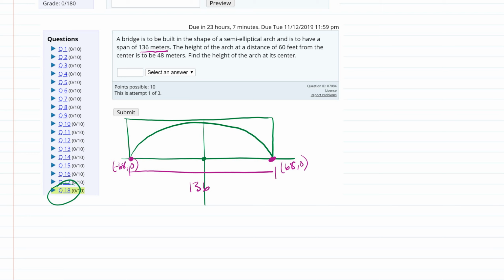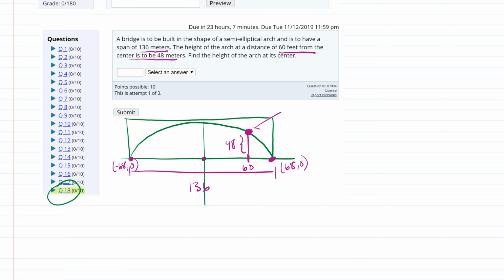The height of the arch at a distance of 60 feet from the center is 48 meters. So if here's the center, you go away from that 60 feet, so that's about right here. The height of the arch at that point is 48 meters.